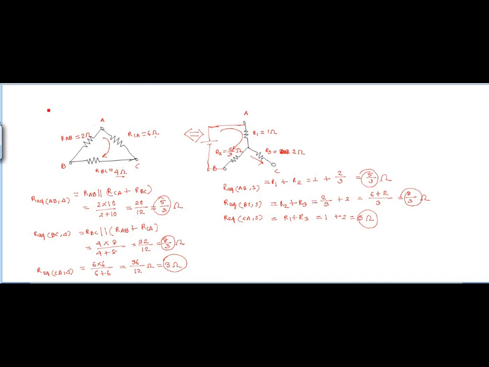Now let us consider this network is given. How do we find the value of R1, R2, R3? In our next video we will find the formula for resistance R1, resistance R2 and resistance R3 if RAB, RCA and RBC are given.